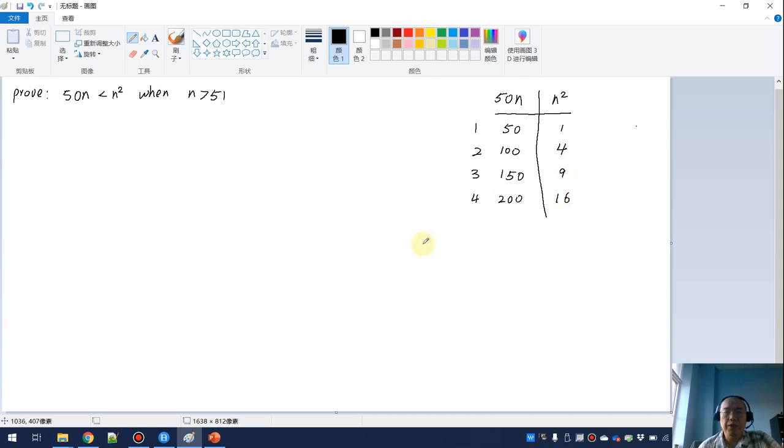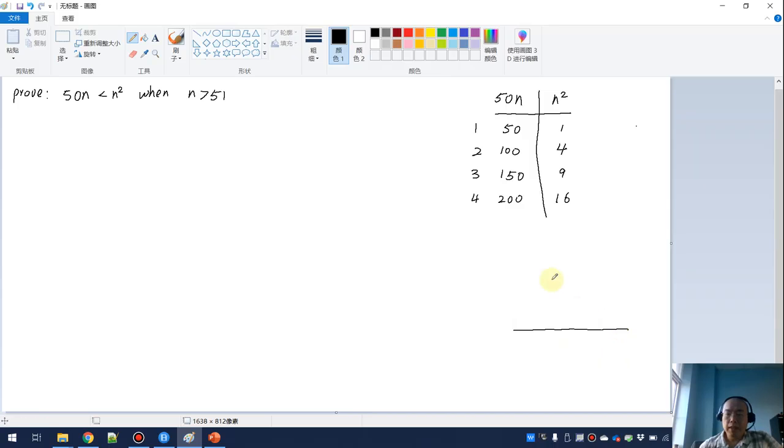So what do you feel? For the column on the left side, 50n, the values are pretty big compared with n squared. But for n squared, look at how the values increase: this column increases faster than 50n. So what is going to happen?